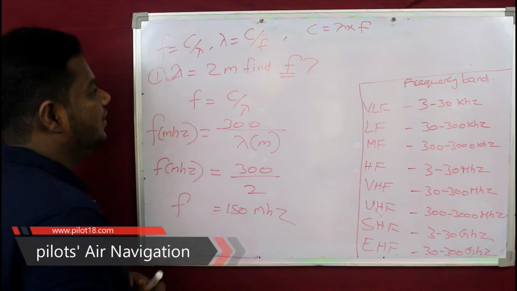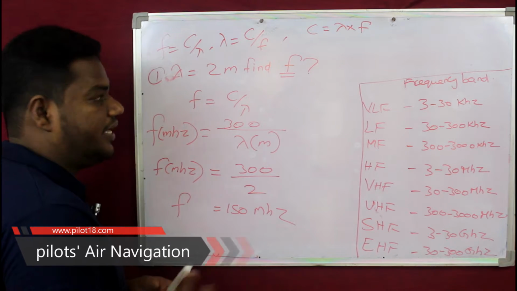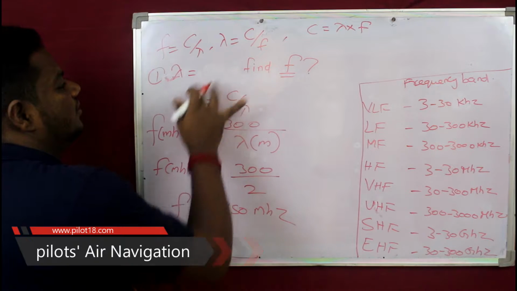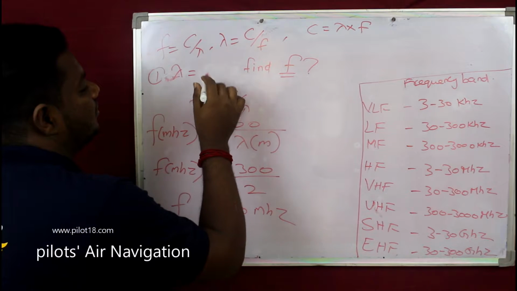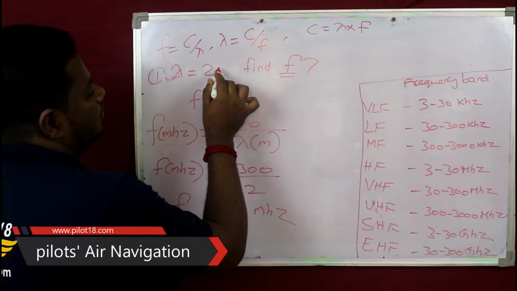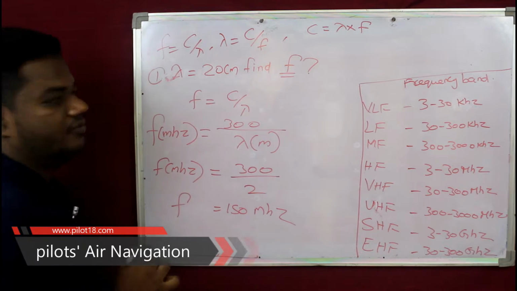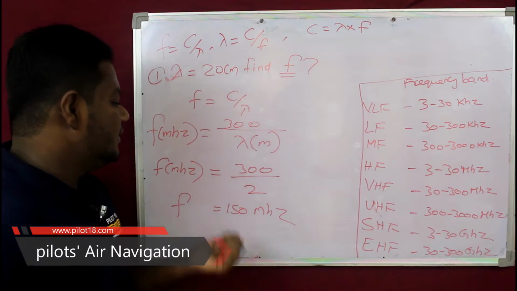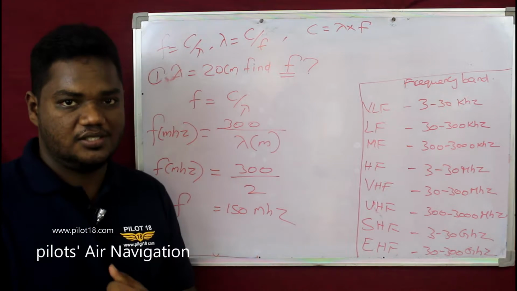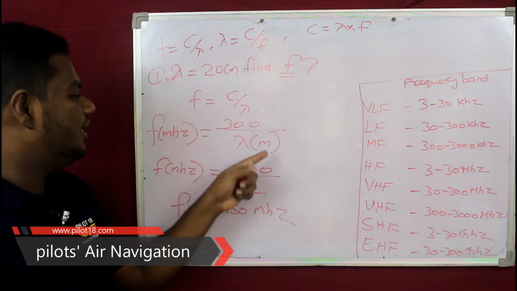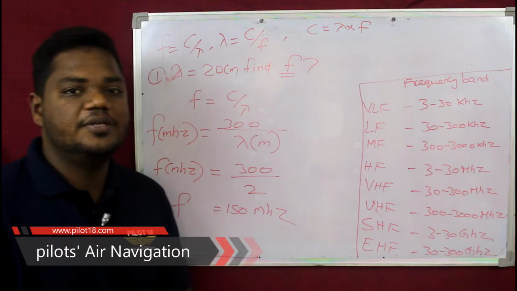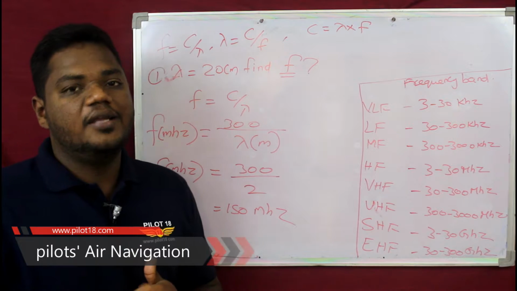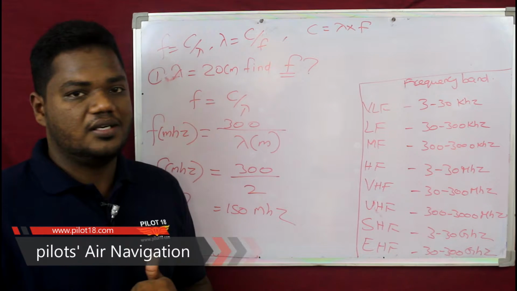You must look carefully at the units, because in some questions they'll give wavelength as 20 centimeter. Then you need to convert centimeter into meter first, because the formula says lambda in meter. So 20 centimeter divided by 100, because in 1 meter there are 100 centimeter.